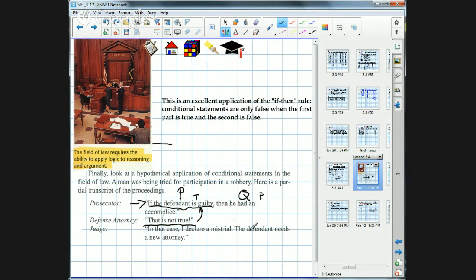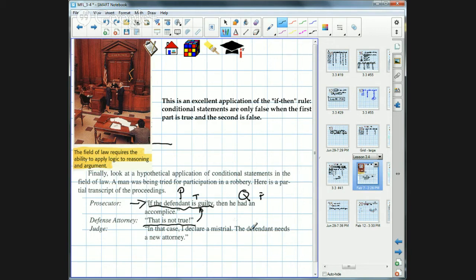How do you come to that conclusion when he said it's not true? You're not getting the part that the only time an if-then statement is false, Brian, is when the first part is true. Look at the first part. So he just said the defendant is guilty. I mean, he said it indirectly. He just admitted that the guy he's defending is guilty. And of course, that's a mistrial because the defense lawyer cannot be against the guy he's defending.